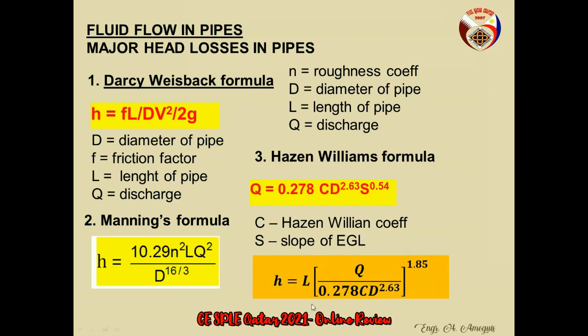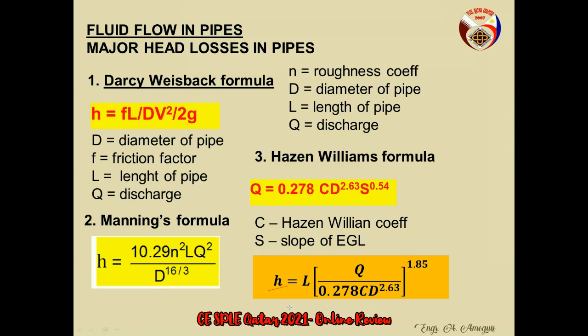So this is Hazen-Williams. If you want it in terms of head loss, L, Q over 0.278 C D raised to 2.63, all raised to 1.85. Where does the 1.85 come from? If you remove the S, expressed as head loss over L, you raise it to 1 over 0.54, and that is 1.85.